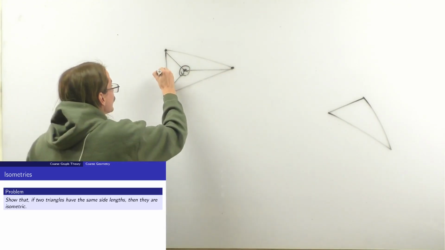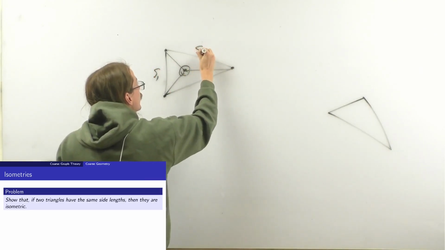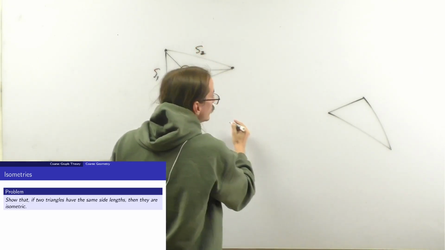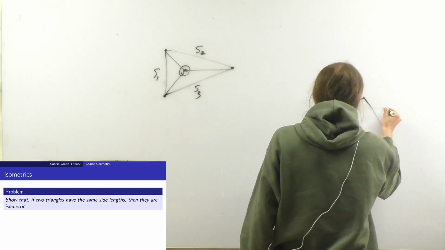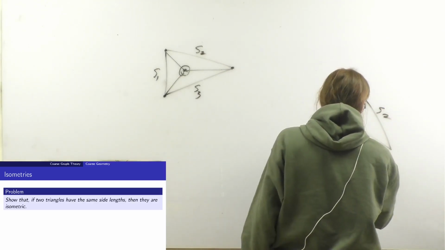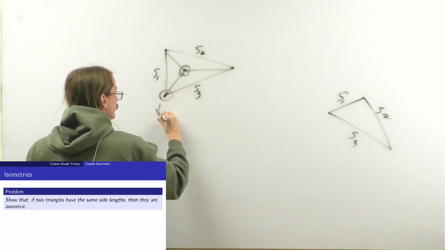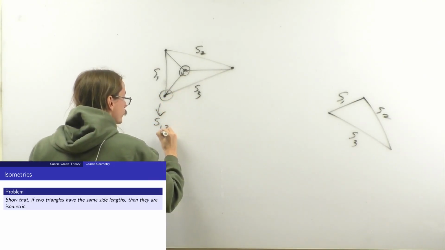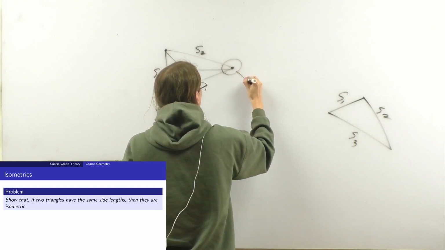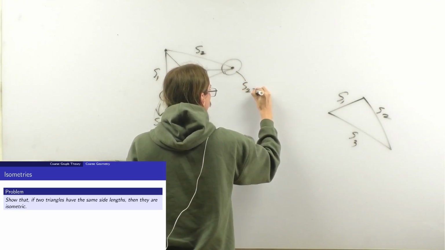If this has side lengths, let's call them S1, S2, and S3, then S1, S2, and S3. Then we could label these points. Maybe this point is the intersection of S1 and S3. This one here, we could call S2 and S3.